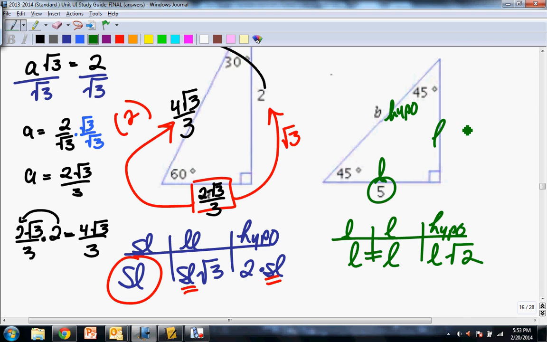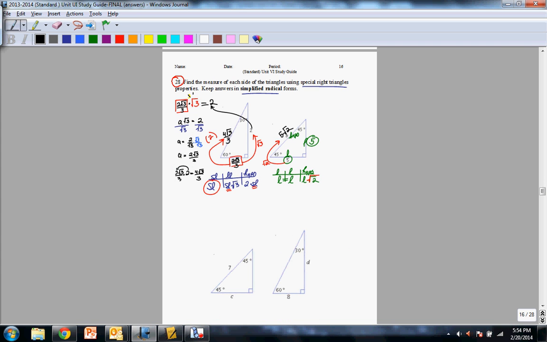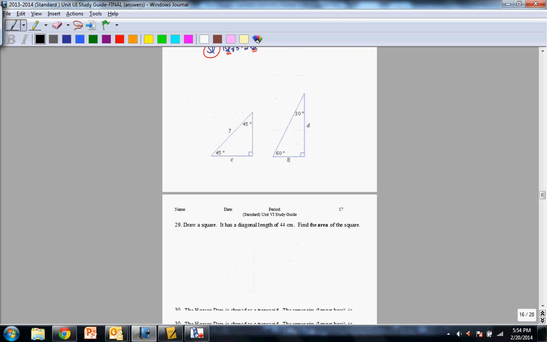This one's easy. The legs are equal, so if that's 5, this is 5. To go from the leg to the hypo, we times by root 2. So this answer here is simply 5 times root 2. You have the one down below to work on.